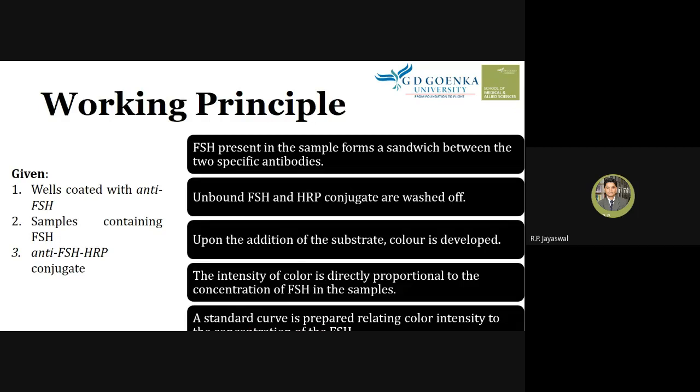Different known concentrations of FSH can be used in the protocol, and we get their specific absorbance because of the difference in color intensity. So an absorbance versus concentration graph can be plotted, and that graph is called the standard curve graph.